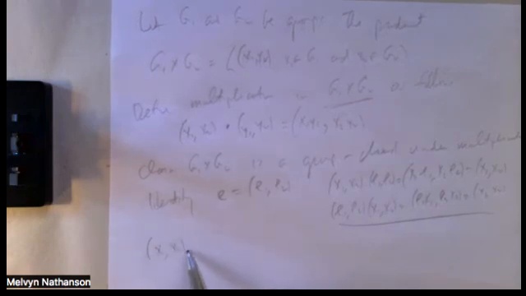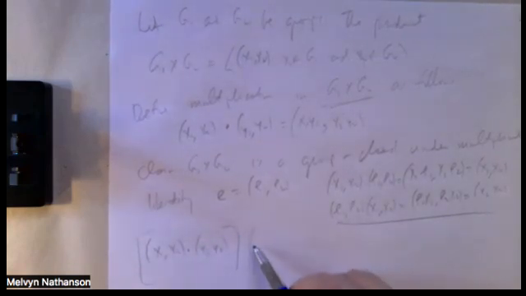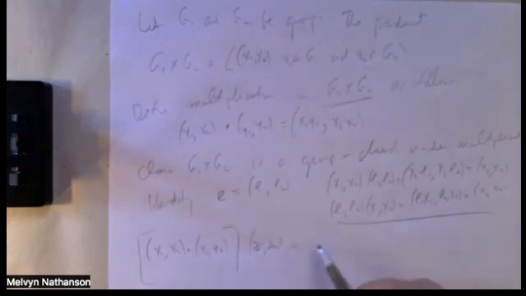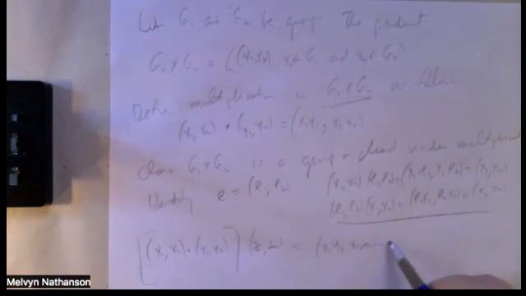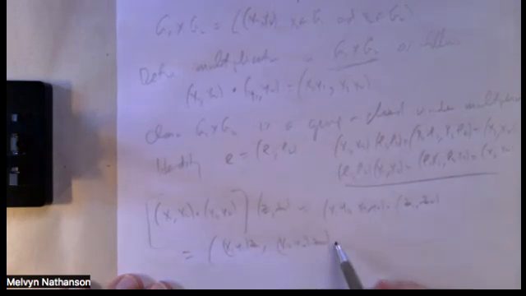Associativity is as follows. If you have x1, x2 times y1, y2, and I multiply that by z1, z2, this is x1 y1, x2 y2 times z1, z2. This is x1 y1 times z1, x2 y2 times z2.